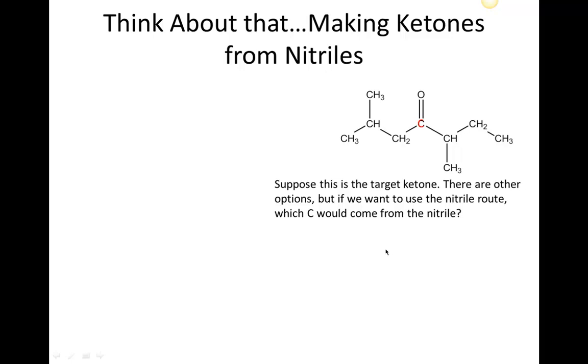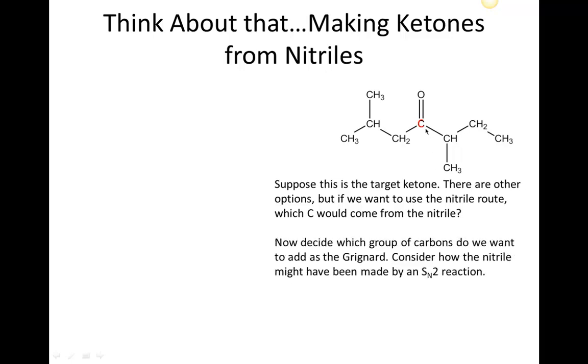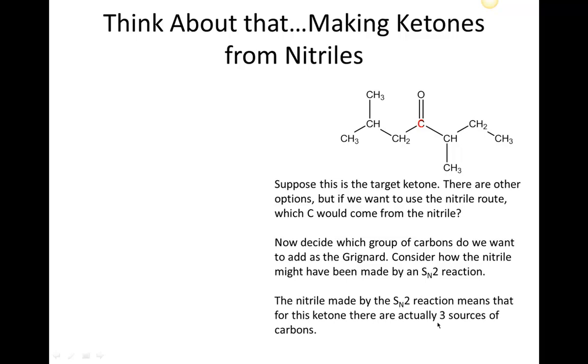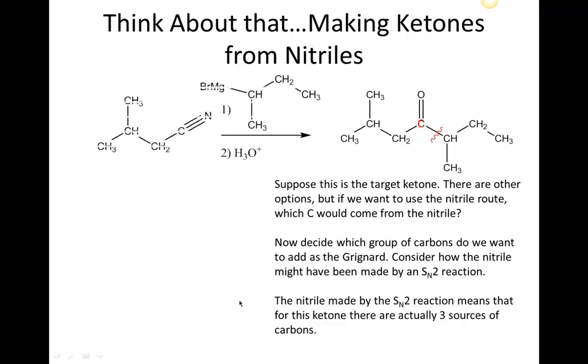So let's see how that looks. I highlighted in red the carbon that would have come from the carbonyl. Having considered the possibility of using an SN2 reaction, that's going to dictate how we would do this. I'm saying we're going to make this bond in the course of the Grignard. So this is the Grignard that we need, this stuff right here, and we need this nitrile.